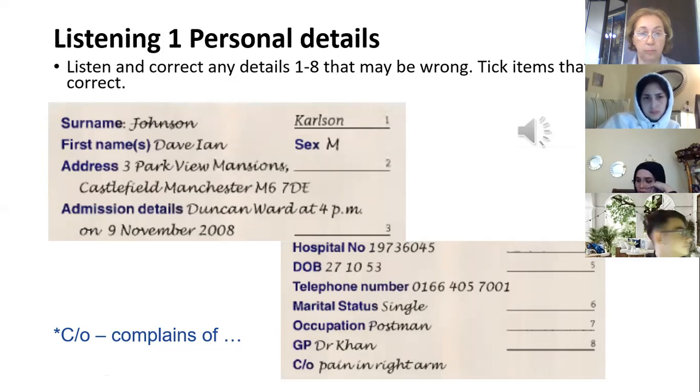It's 3 Parkview Mansions, Castlefield, Manchester, M6 7DE. When were you admitted? Yesterday the 9th at 2 p.m. Okay, 9th of November 2008 at 2 p.m. Duncan Ward. And do you know your hospital number?